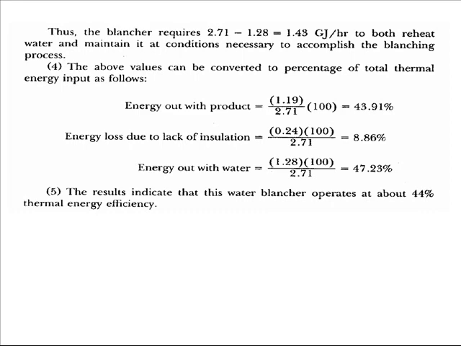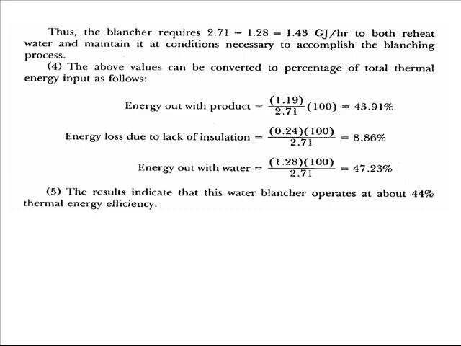The energy loss due to lack of insulation you calculate similarly and comes out to be 8.86% of the total energy input. And the energy out with the water that could be reused with the next cycle came out to be 47.23%. Essentially, the results indicate that this water blancher operates at 44% thermal energy efficiency.